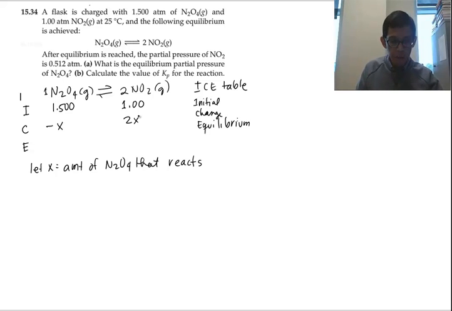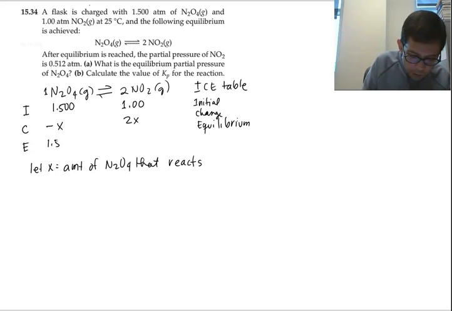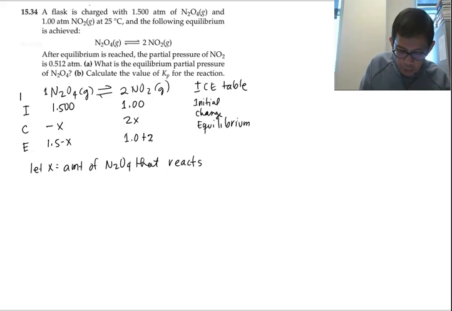So now the equilibrium value for each one is the initial minus the change for the reactant, and the initial plus the change on the product side. So this is 1.5 minus X, and this is 1.0 plus 2X.